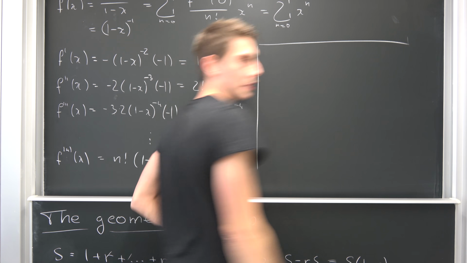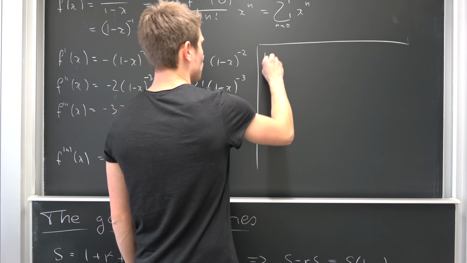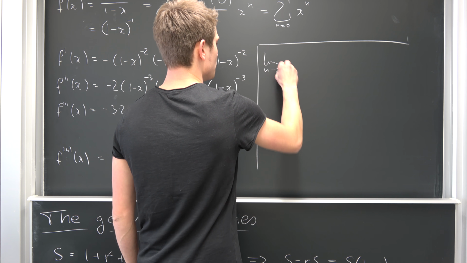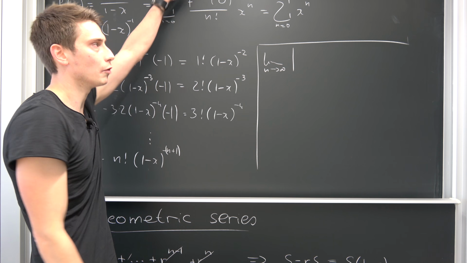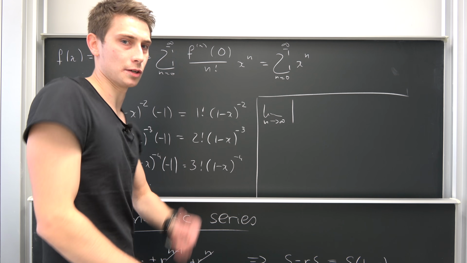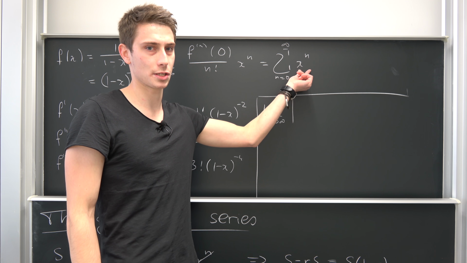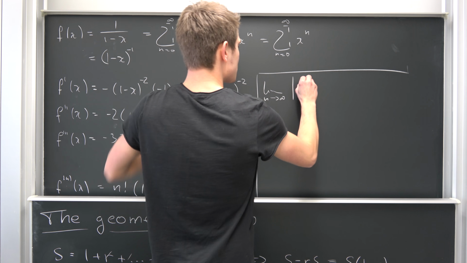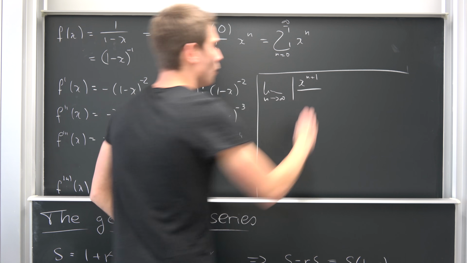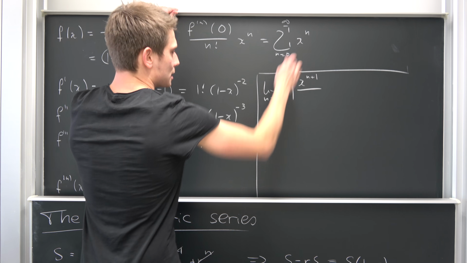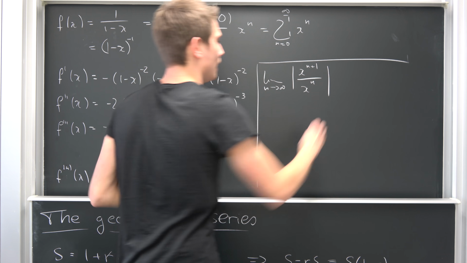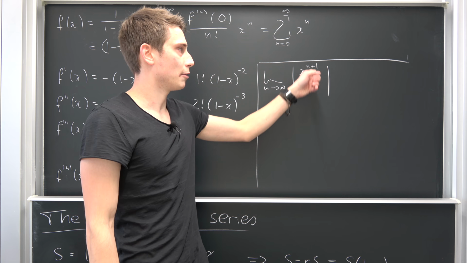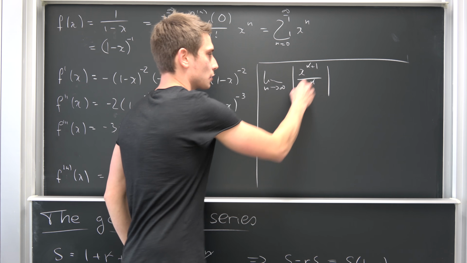What about the radius of convergence of this whole thing? Once again, we are going to make use of the ratio test. So we are going to take the limit, as n approaches infinity, of the absolute value of a_(n+1) over a_n. Our sequences a_n are nothing but those x to the nth power. So x to the n plus 1th power over x to the nth power. And the cool thing is x to the nth power and x to the nth power is going to cancel out.